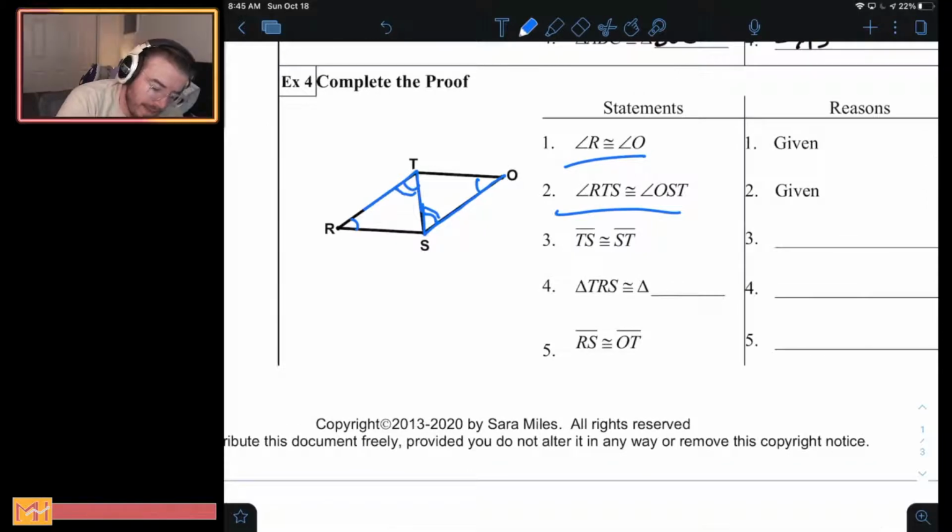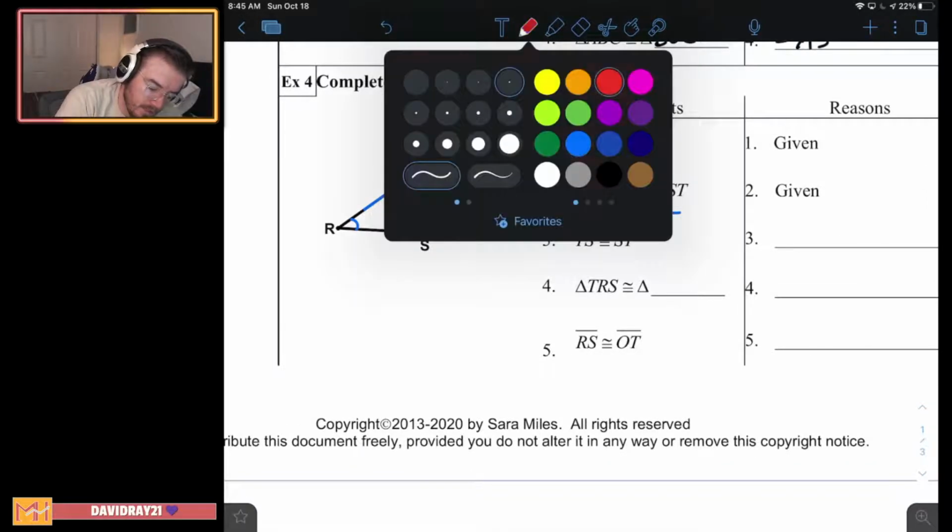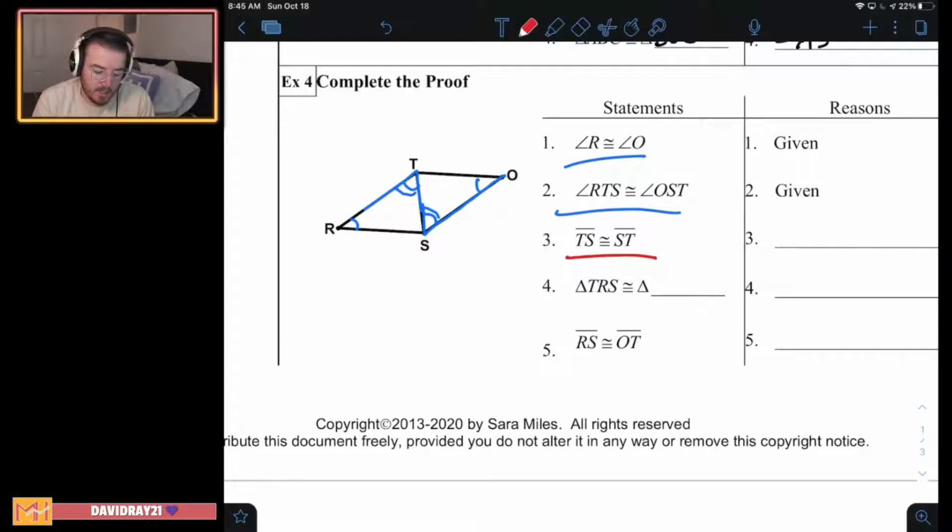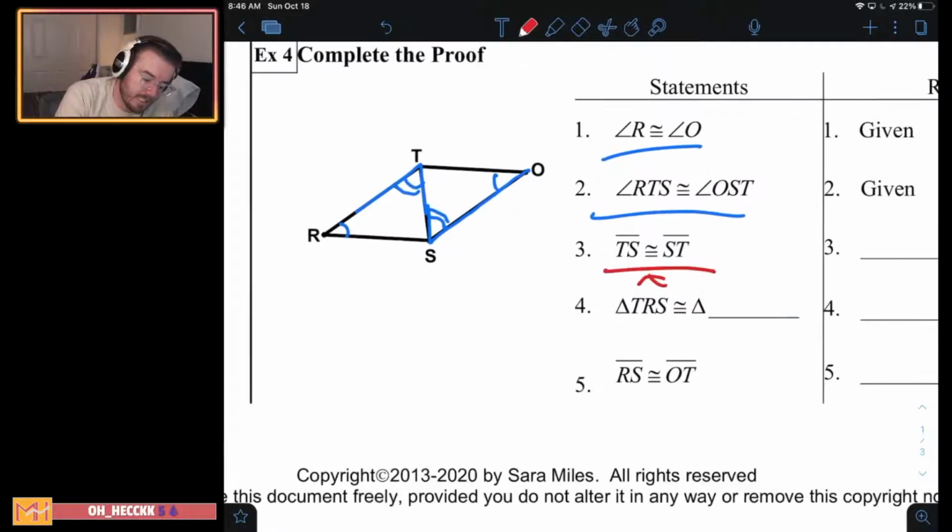So why are these congruent to each other? Well, isn't that the same thing? Wait, isn't the same thing, TS and ST? You're right. They are the same thing. They share a side. You see that? Imagine if I took these two triangles and like ripped them apart, right?